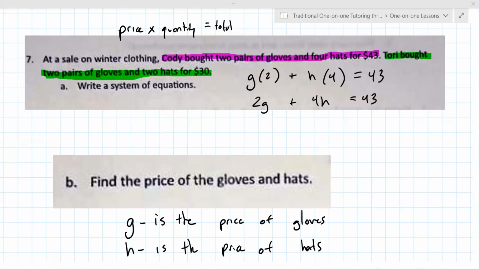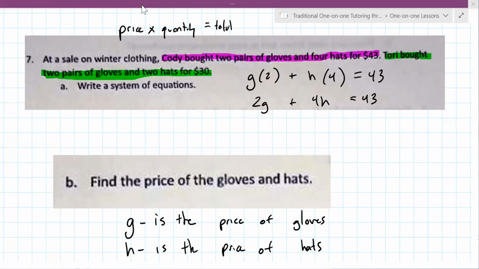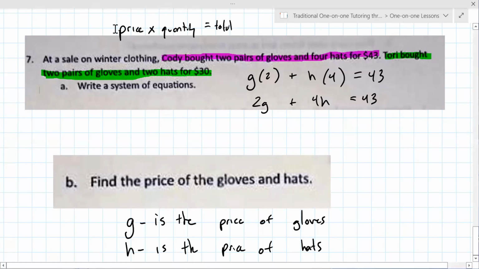Okay. So what is the price of gloves in our problem? What did we use to represent the price of gloves? G. So you start with a G. Now, how many gloves did Tori buy? 2. Okay. Plus.